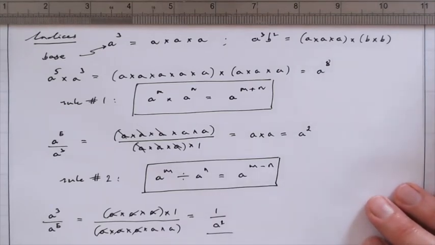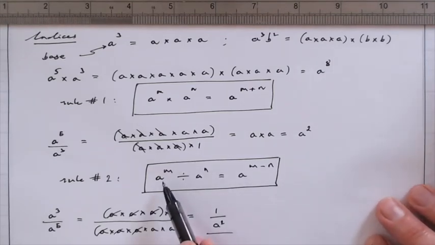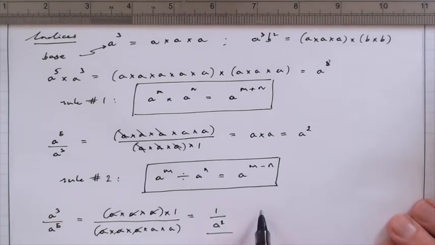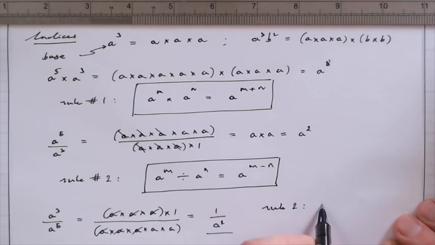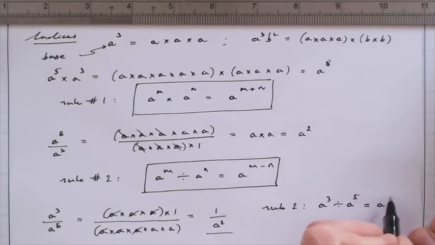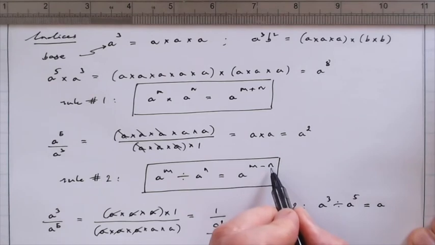But what I want to do now is go back to rule 2 and ask, well, what would have happened if I had just put in the number 3 and the number 5 here into rule 2? So rule 2 says that a to the power of 3 divided by a to the power of 5 is a to the 3 take away 5, which is negative 2.